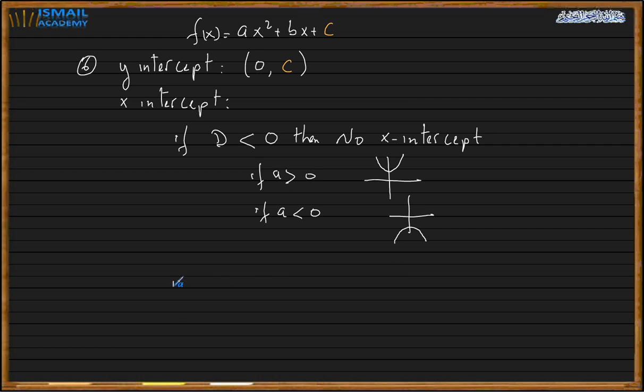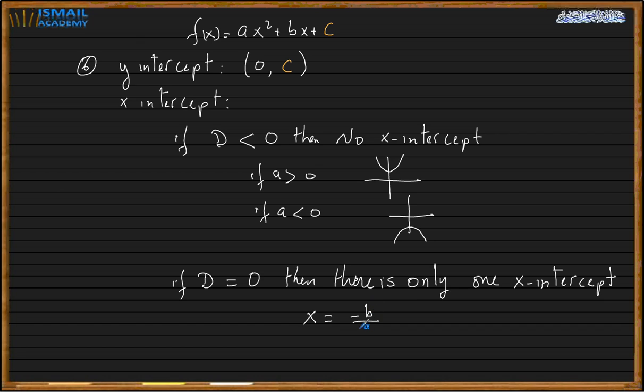The second case, if d is equal to 0, then you have only one x-intercept, and it's going to be the x coordinate of the vertex, which is x equals minus b over 2a.